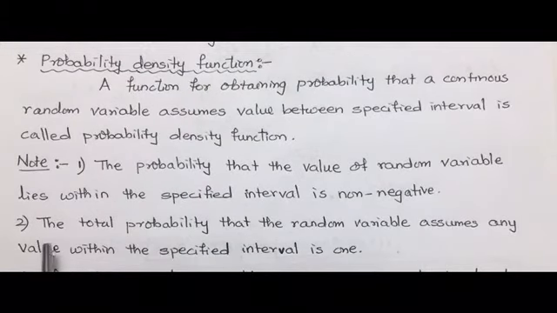The second condition is the total probability that the random variable assumes any value within the specified interval is 1.